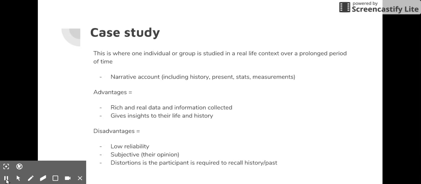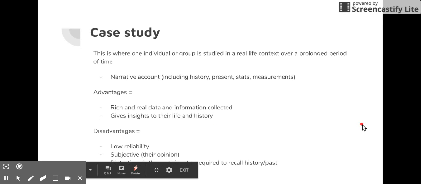It's subjective, it's their opinion, so it's their opinion why they won this event, it's their opinion why they train this hard. It's completely down to them what data you get. And the data could be distorted, so you're relying on the participant to recall the history in the past, which they might not get 100%, and that lessens the reliability of your data.